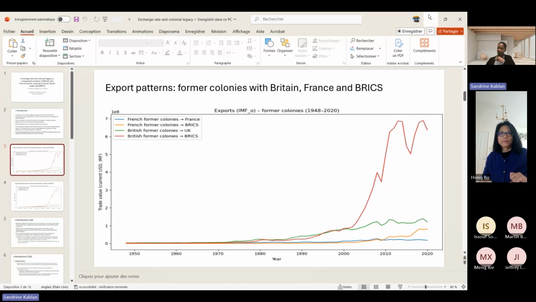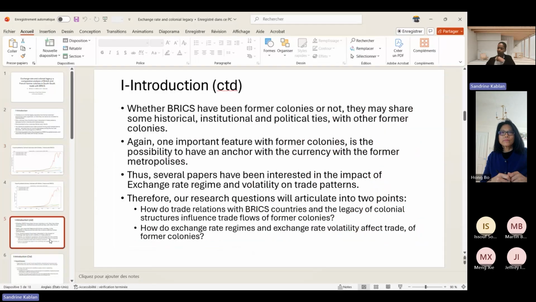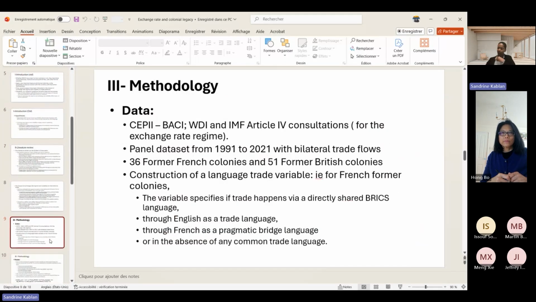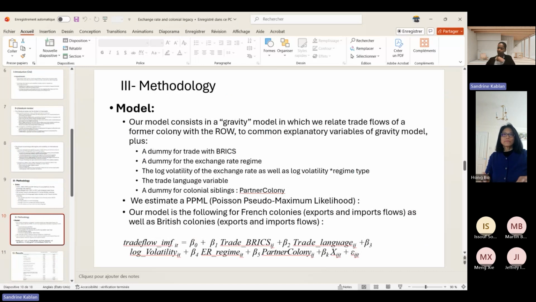But concerning the data, yes, this is one question that we thought about, and we don't have sectoral data. With the trade data we had, we thought about working on sectoral data, but in another paper. So here, with the data we've worked with, there are only aggregate data on trade. Now, as I explained, the dependent variable is the exports.